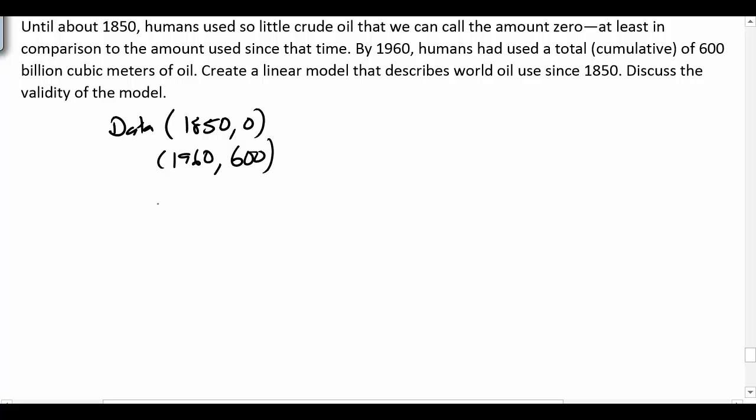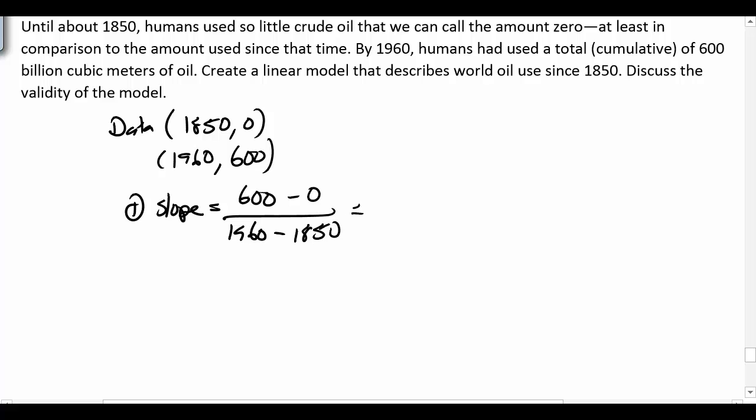According to our process, we want to find the slope first. So slope equals y2 minus y1 over x2 minus x1. That's 600 on top, and 110 in the denominator.